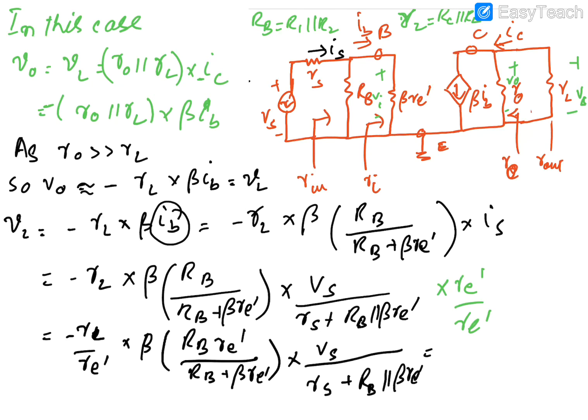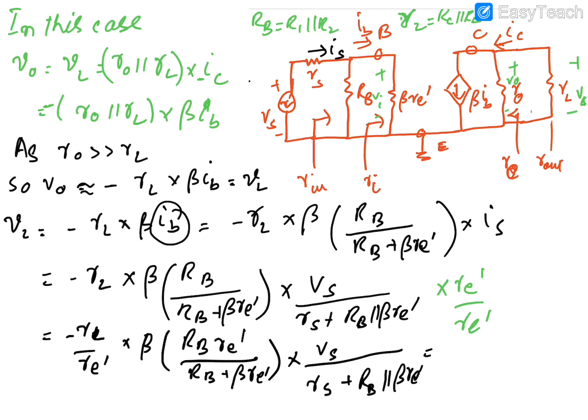As you can see, we are measuring VL across RL, and V naught is also the same across R naught and RL. We have already found V naught, which is minus R naught parallel with RL into beta times IB. As R naught is much greater than RL, V naught is equal to beta times IB into RL.